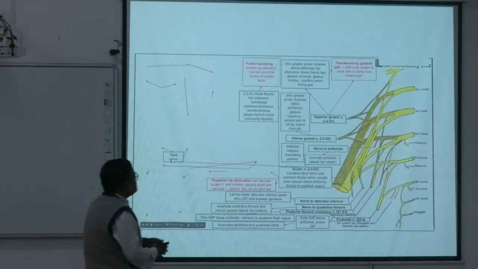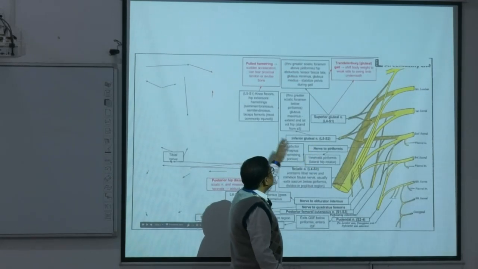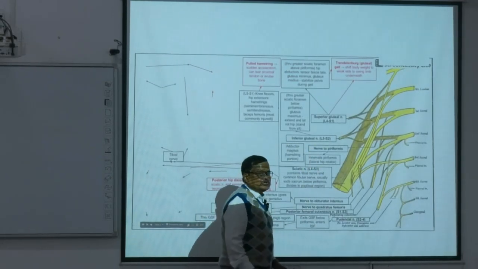So, this is the sacral plexus, and look, it gives so many branches.